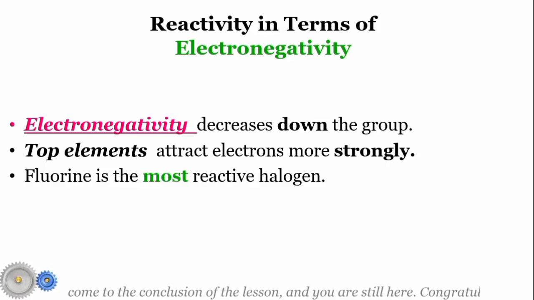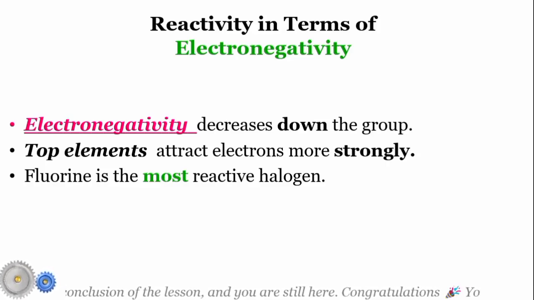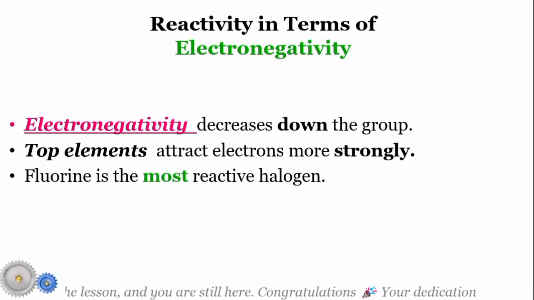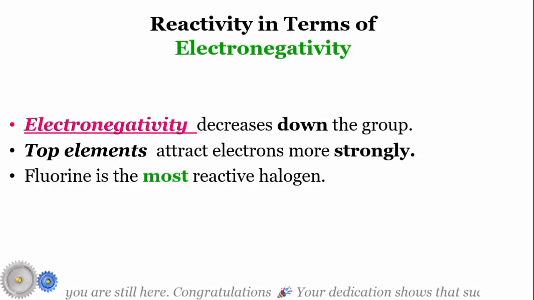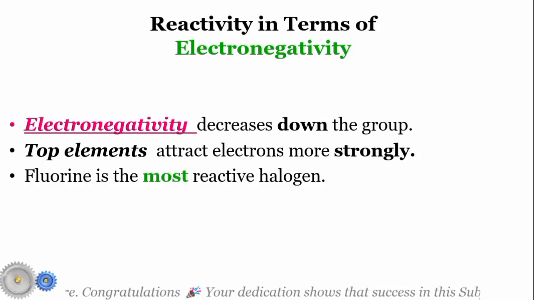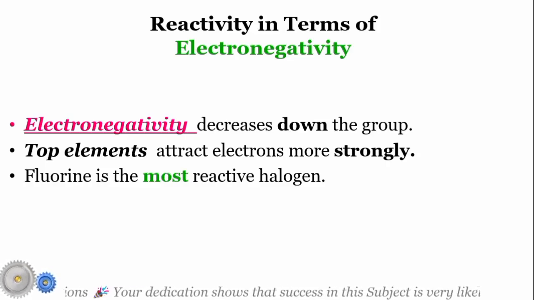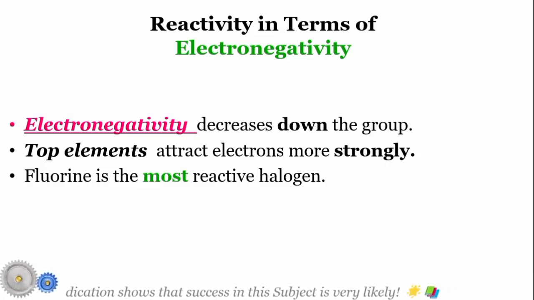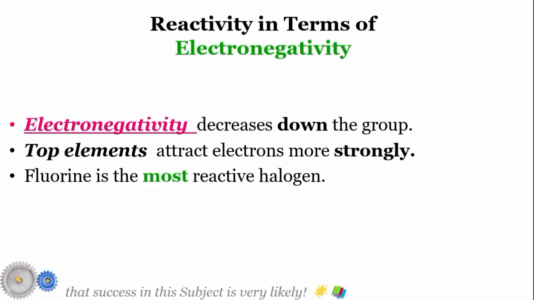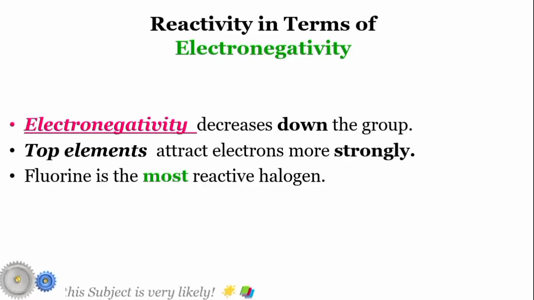So in our case, we have seen that in group 7, fluorine has the smallest number of shells surrounding the nucleus. So therefore, fluorine is the most reactive element in this group.